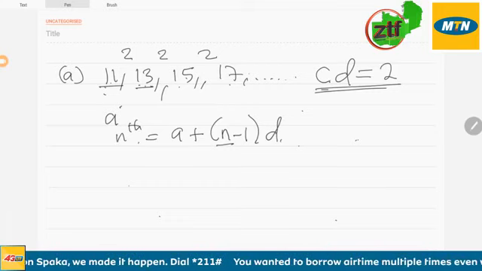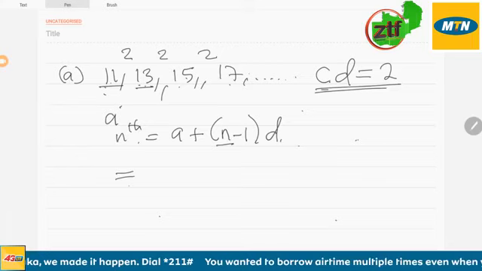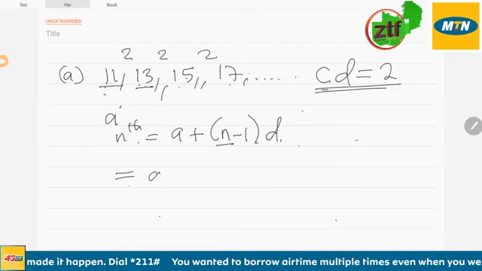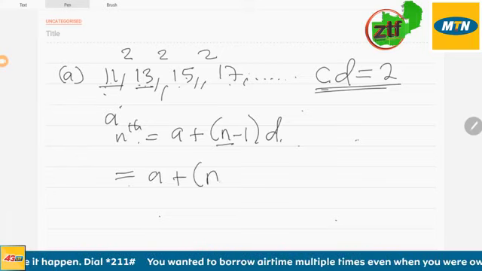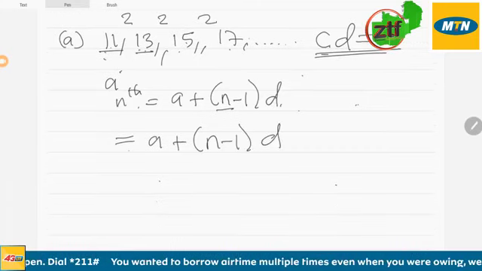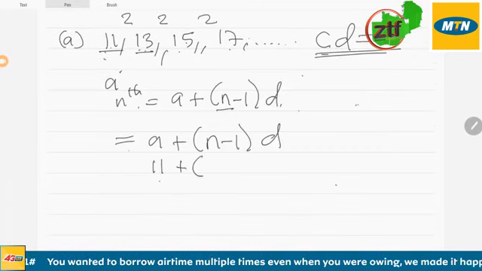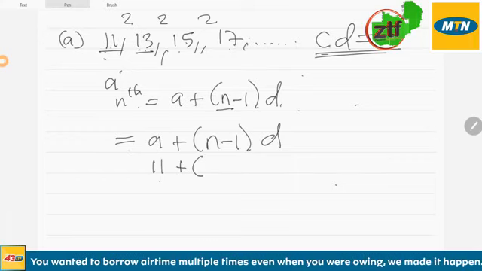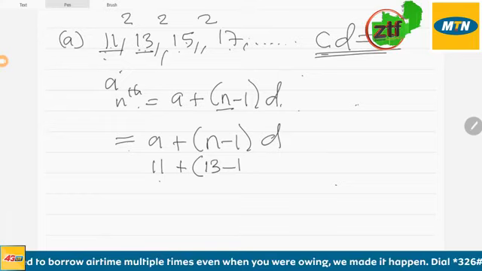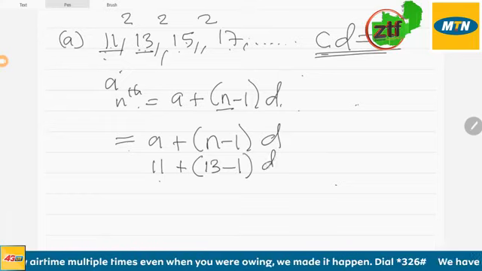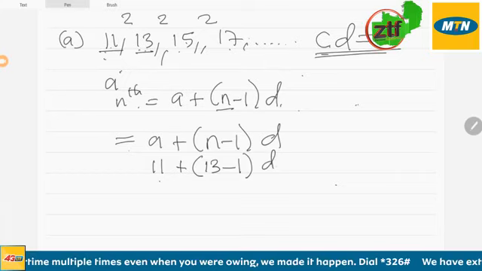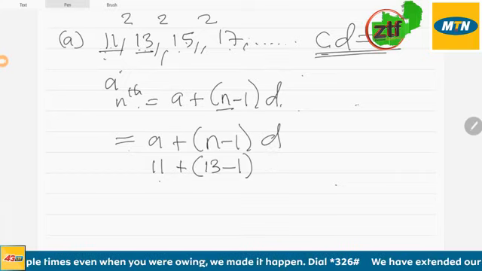So replacing in the given formula, A plus n minus 1 D, then our A is 11 plus our N, that is the 13th term we've been asked to find. So we say 13 minus 1, and the common difference which has been found is 2. Sorry about that. So we put our 2 here.